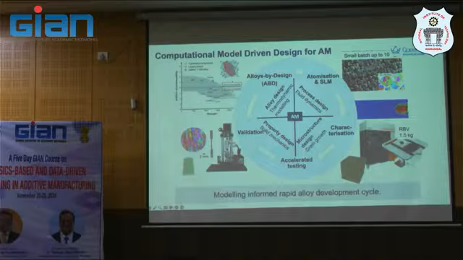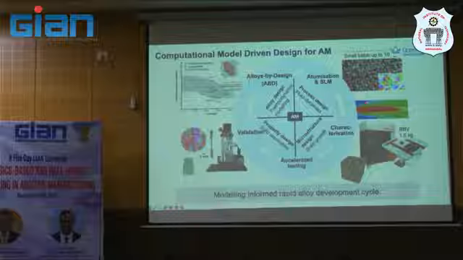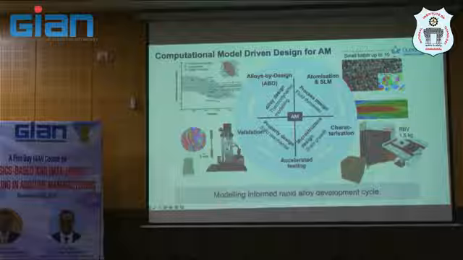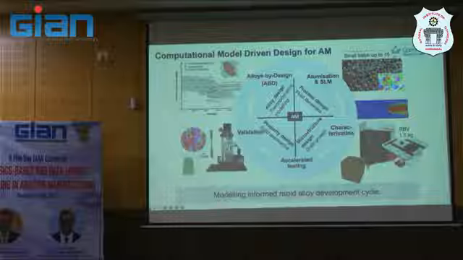So what we do, we have alloy by design here. This is a bit of materials informatics, and then you feed into the small batch of powder that you can produce. You atomize it, and then you understand the thermal fluid dynamics, I mean the melting, and then we use this machine to optimize.